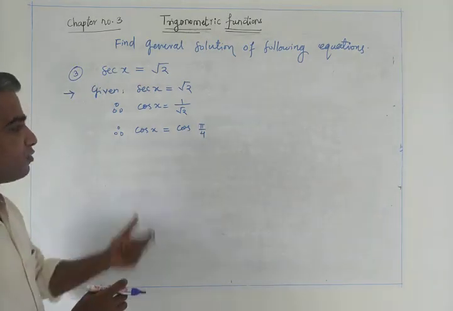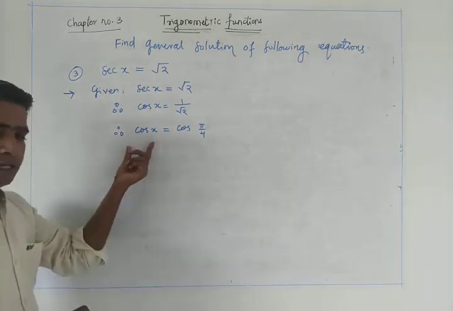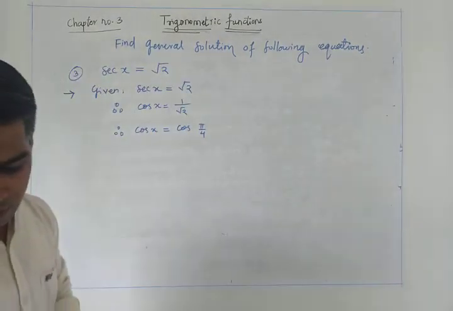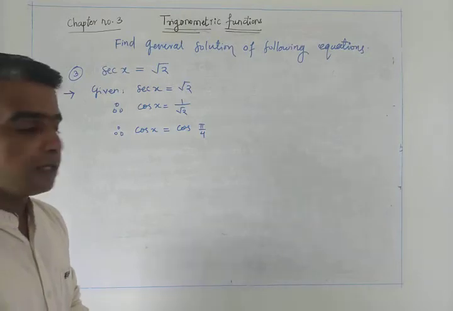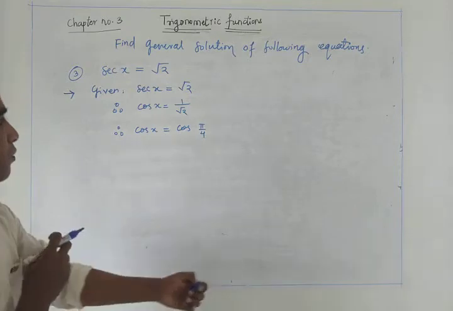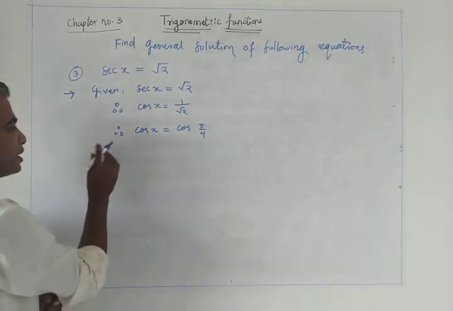And now see the list of formulas. We have the formula for that: cos theta is equal to cos alpha. And cos theta is equal to cos alpha is what? 2n pi plus minus alpha. So we will check those values.